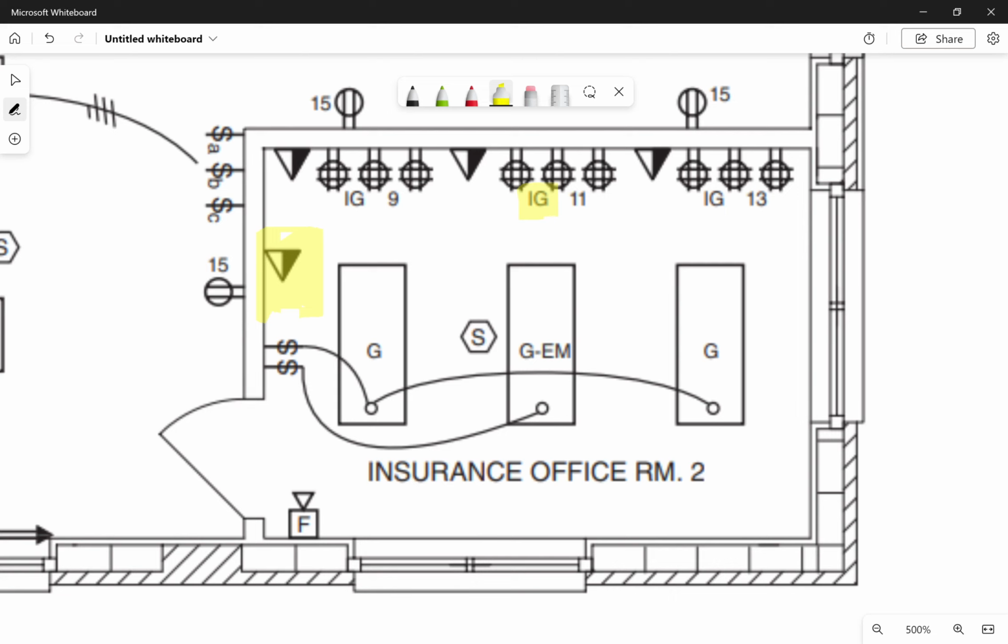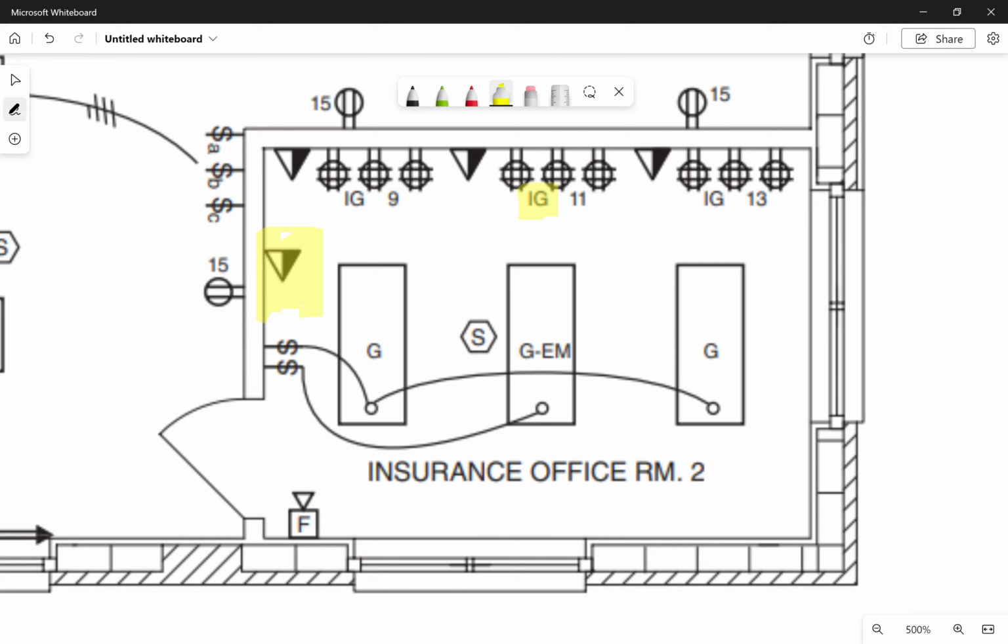In our residential class, when we talked about pulling wire through a home, every wire pulled to every receptacle has a black hot, a white neutral, and a copper ground. Every receptacle, every switch throughout the house has at least those 3 wires pulled to it. In a commercial environment, that's not always the case.